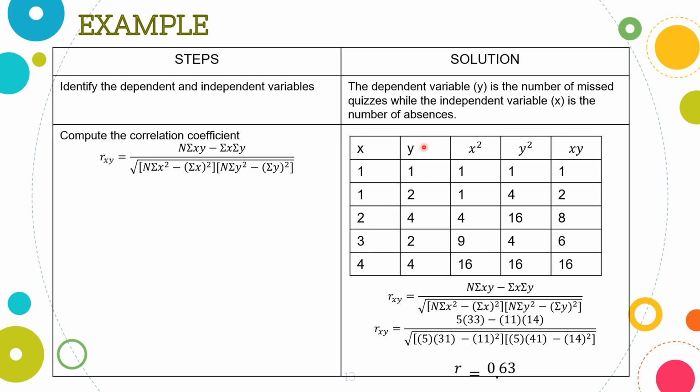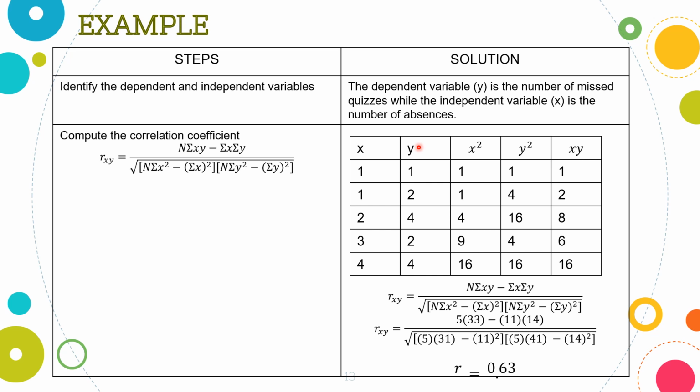Always remember this about the independent, which is x, and the dependent, which is y. So, the dependent variable y is the number of missed quizzes, of course. Diba? The number of missed quizzes is dependent upon the number of absences, right?